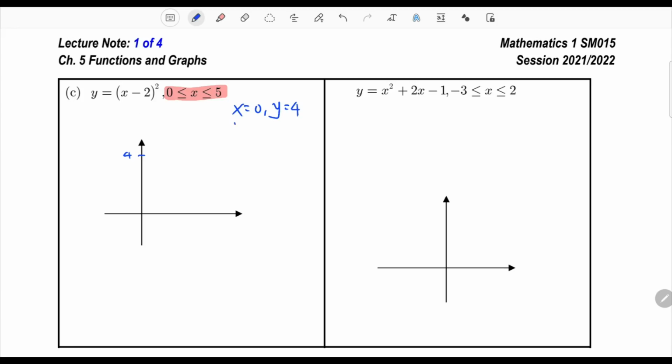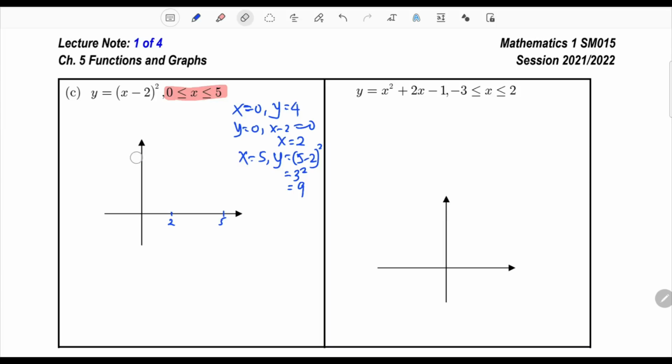When y is 0, x minus 2 is 0, so x is 2, somewhere here. When x is 5, y equals (5 minus 2) squared, so y equals 3 squared, which is 9.